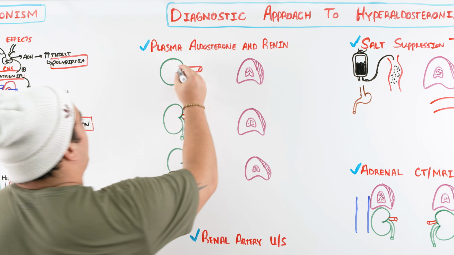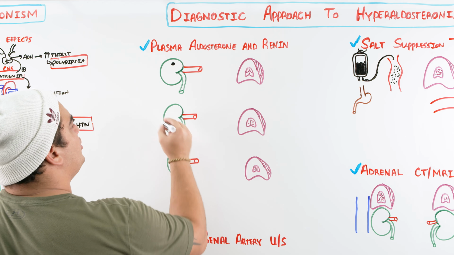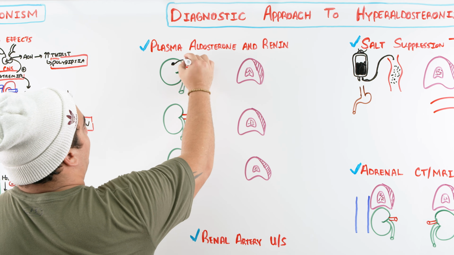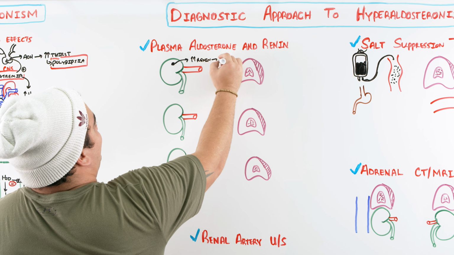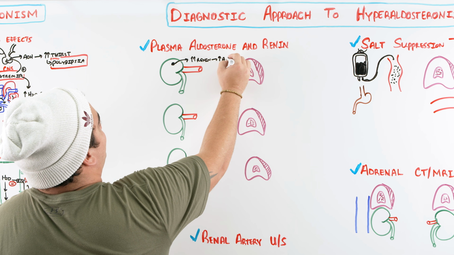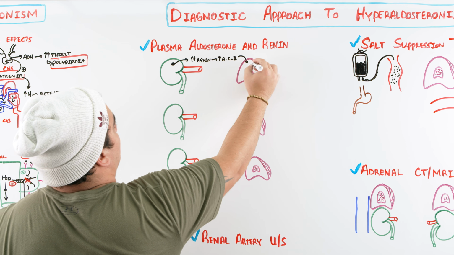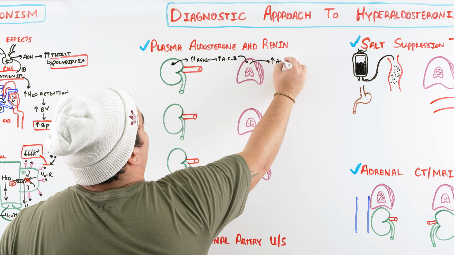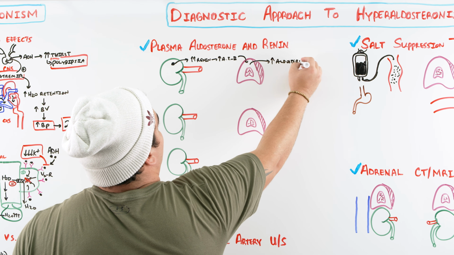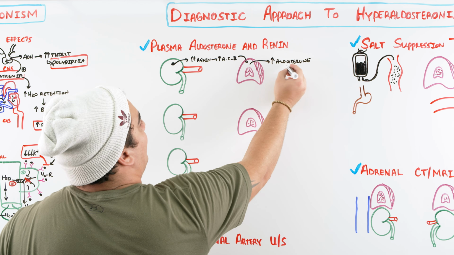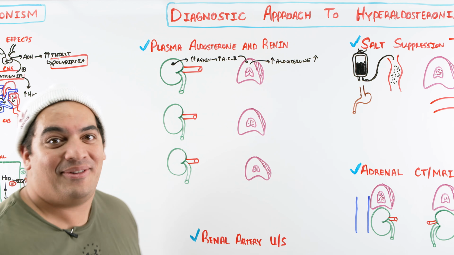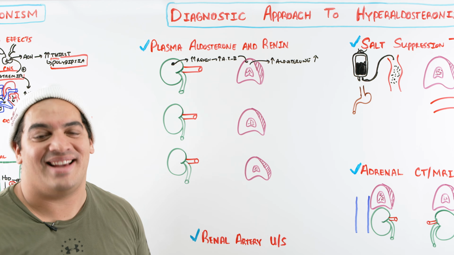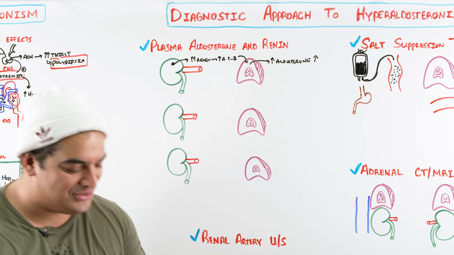So let's say that I have a problem here where the JG cells are hyperactive and they're pumping out lots of renin, which is leading to lots of angiotensin II, which is causing lots of aldosterone.